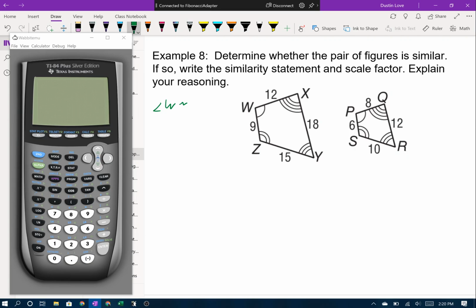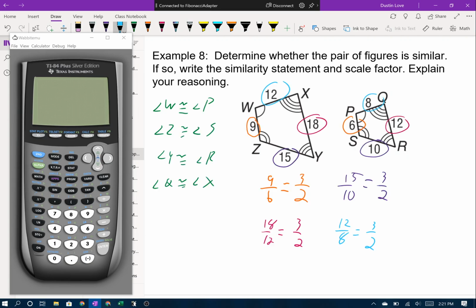Now, 18 and 12. 18 over 12 reduces to 3 over 2. And then 12 and 8 reduces to 3 over 2. Since they all reduce to the exact same fraction, that means they are all equivalent fractions. They are all proportional to each other. So I now know this is a set of similar polygons. So I know they are similar.